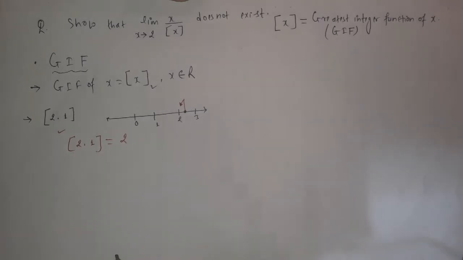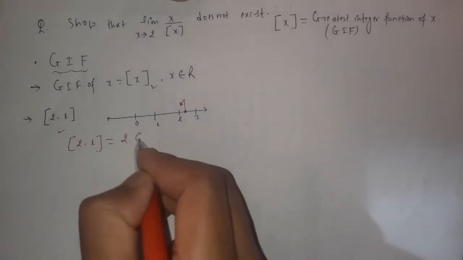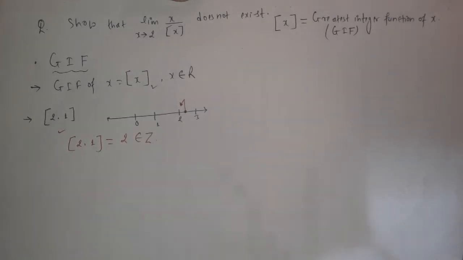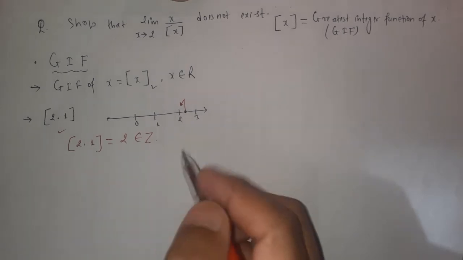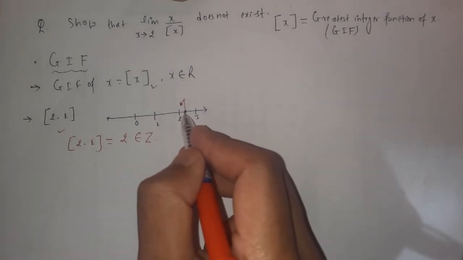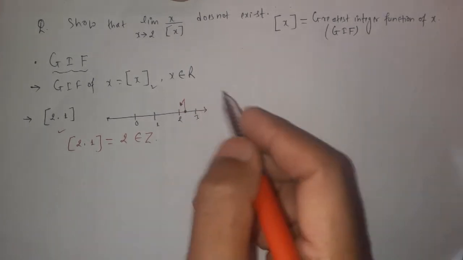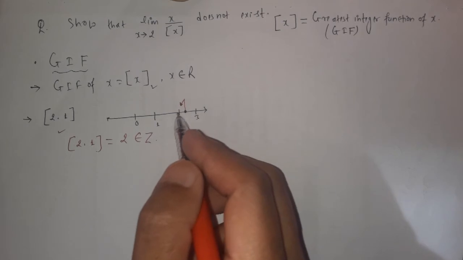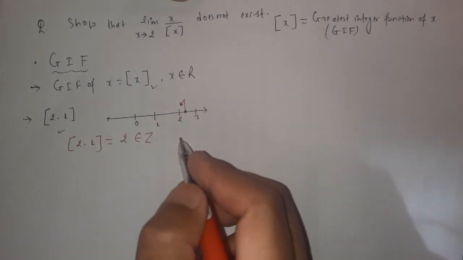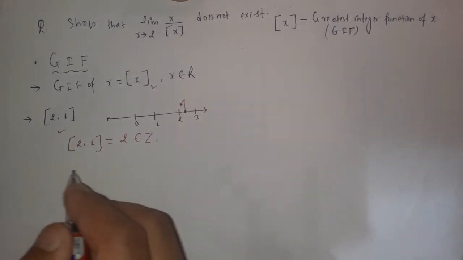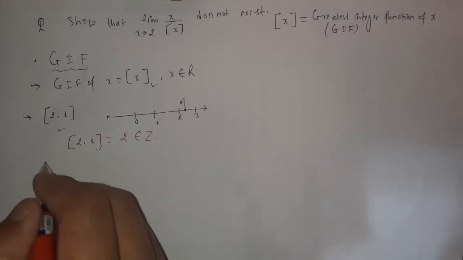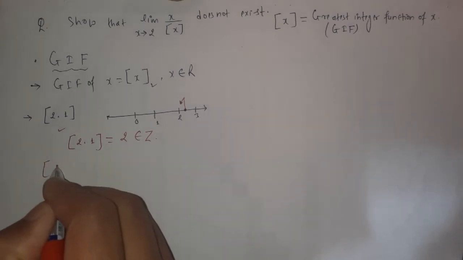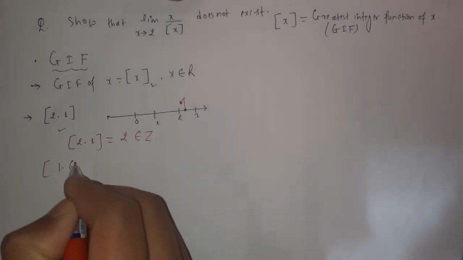The answer should be an integer. The method is, first of all, locating the point and then looking to the left and finding the nearest integer value.